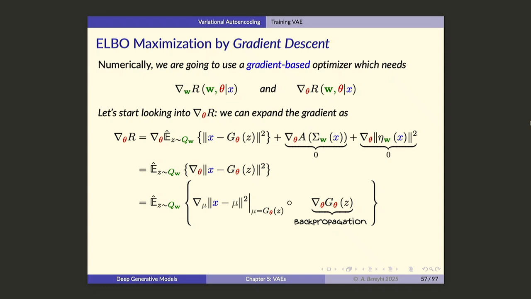You're going to say the gradient is going to be the gradient with respect to G times the gradient of G with respect to theta. And that gradient of G with respect to its parameters, you can simply compute by backpropagation, right? So that gradient, the gradient of your risk with respect to decoder, is quite easy to compute. It's the straightforward thing that you always do. Okay? So that is not a problem.